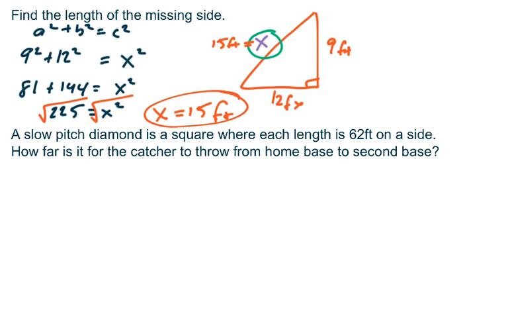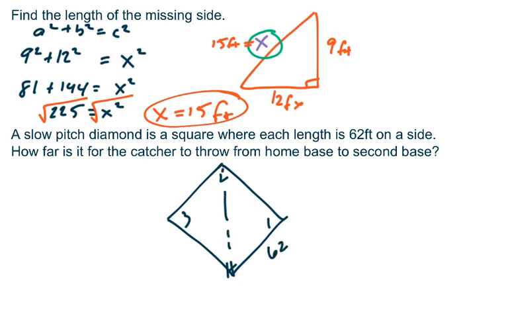All right, word problems. We're talking about a slow pitch diamond. We got this. Here's home base, first, second, third. It's a square. They tell me that each of these are 62 feet. I want to know how far it is to go that way. So we have 62 feet squared plus 62 feet squared is equal to c squared, because that's my hypotenuse right there inside of this right triangle.